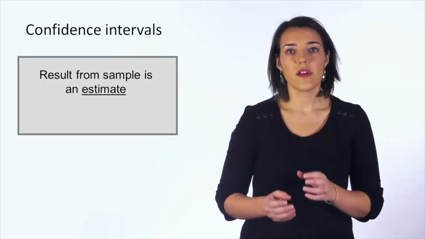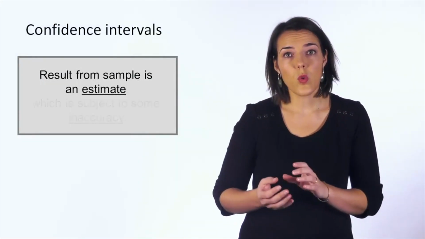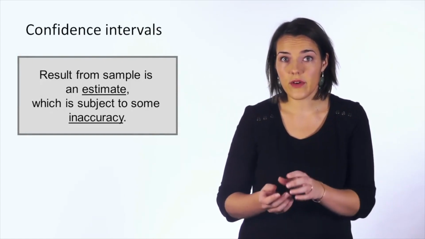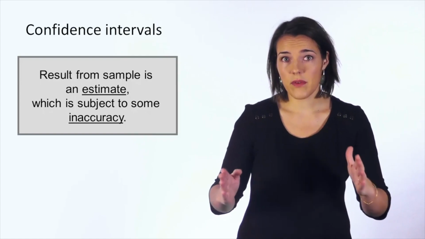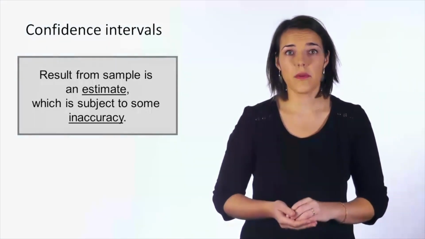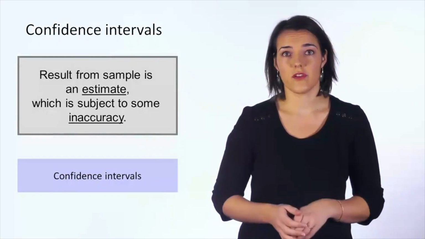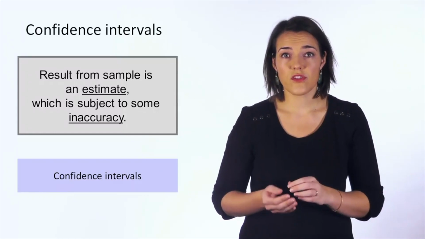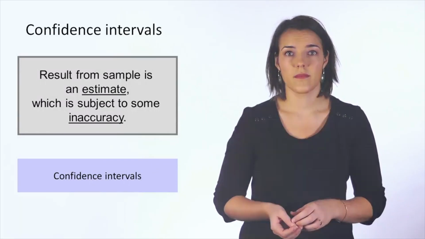Well, statistics is about making inference under uncertainty, and to quantify this uncertainty in your estimates, we can calculate two boundaries in between which we are fairly confident that the actual population mean will lie. And this is called the confidence interval. And the most often selected confidence level is 95%.